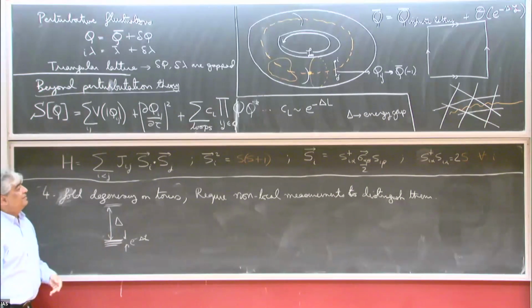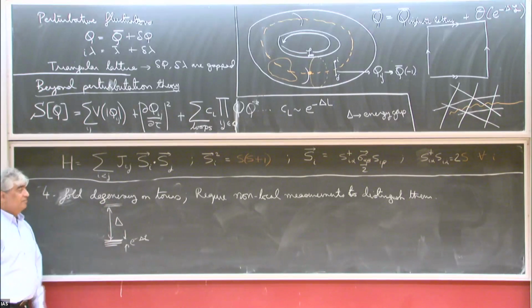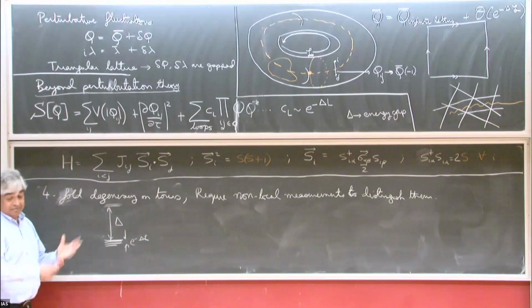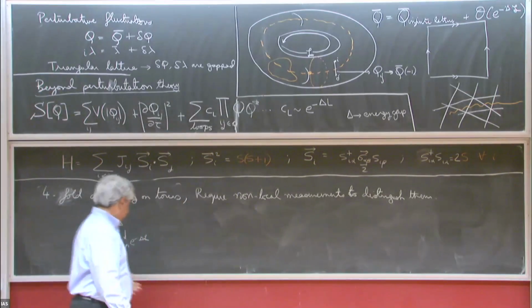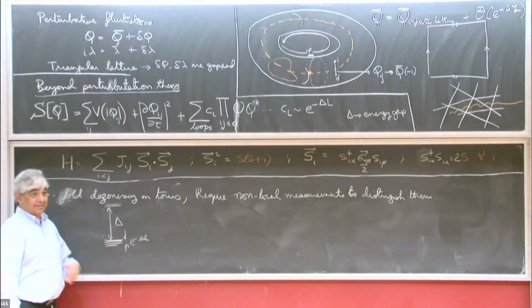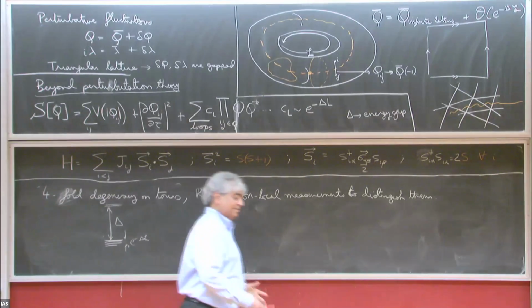What you're then assured of is that the particular linear combination you create of these four states is stable to all local perturbations, because all local perturbations act in the same way on all four states. So it's like a unit matrix in that subspace. All the noise is just a unit matrix.